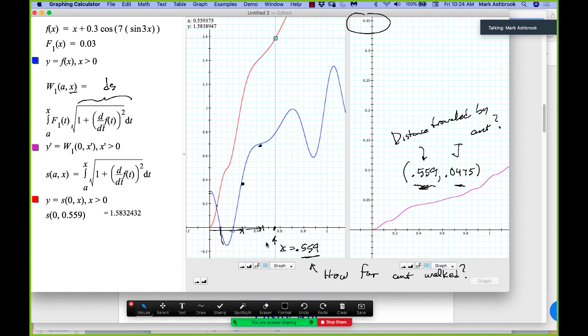At horizontal position 0.559, the ant has traveled this far, and the accomplished work is, according to our work function, 0.0475 joules. Does that make sense before we add a layer of complication? Sure. Yeah.